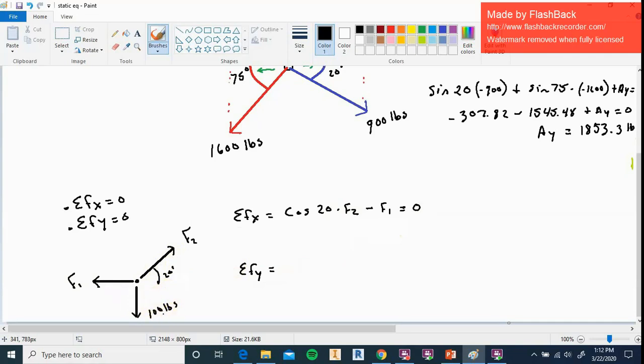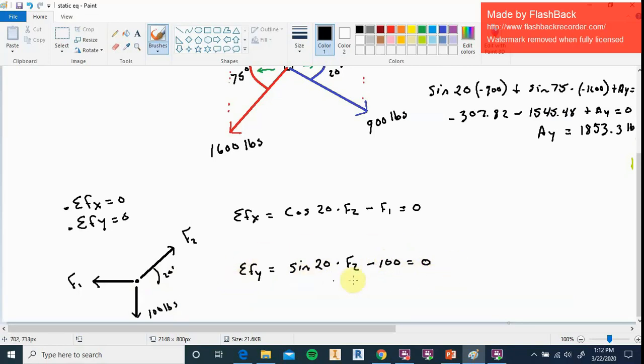The 100 is going down, which is negative y. So we're going to go ahead and write that in. To get the y component of F2, we would use sine of 20 times F2. Again, that's positive because it's going up in the y direction. And then we're going to take this guy and subtract that out, so we're basically adding the negative. So minus 100 equals 0.